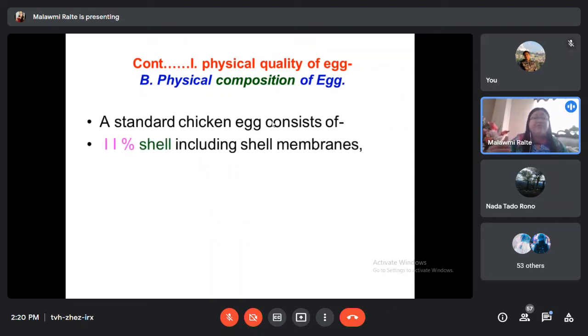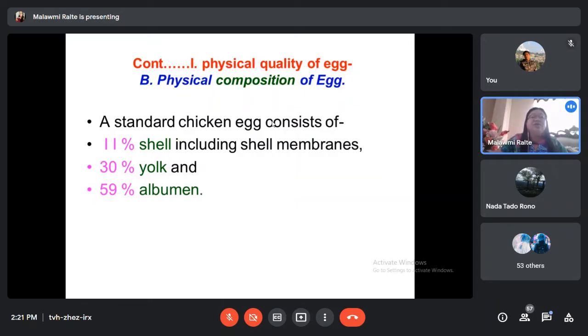Number B, the physical composition of the egg. The first one was the physical characteristics of the egg, which comes under physical quality of egg. Now we'll go to the physical composition of the egg. This physical composition of the egg is divided into three parts: the shell, yolk, and the albumin.